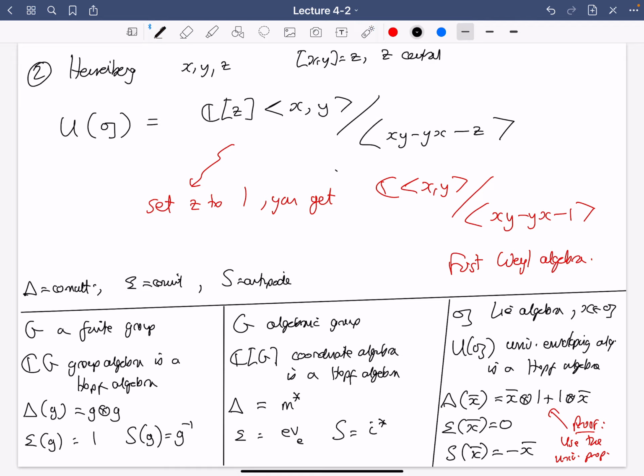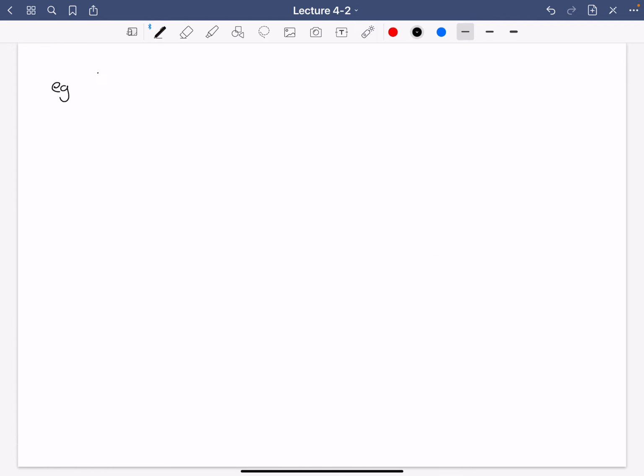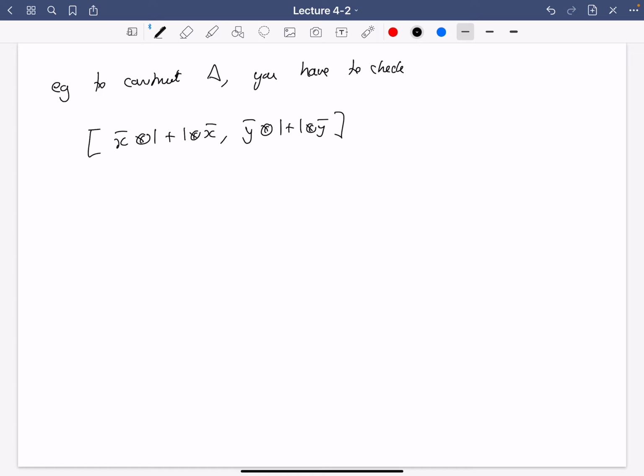So I'm not going to go through very much of that, but let me maybe just write down how to construct delta. You have to check that if you take the bracket of x bar tensor 1 and y bar tensor 1 in U of G tensor U of G, that is the same thing as the bracket of x and y tensor 1, plus 1 tensor the bracket of x and y in the Lie algebra.